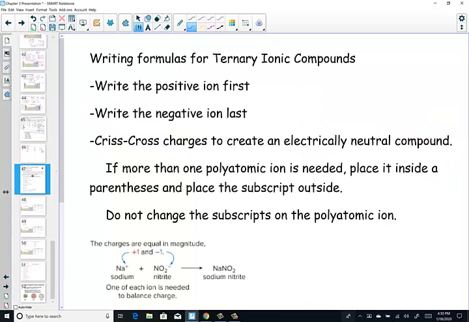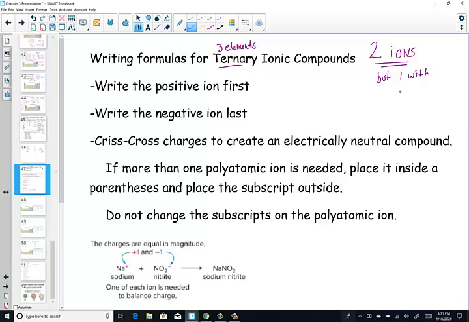When we write ternary ionic compounds, I want to say that these are 3 elements in a compound, but I still want to emphasize they're just still 2 ions. It's just that one of them is going to be a polyatomic ion. So that's why we have more than one.